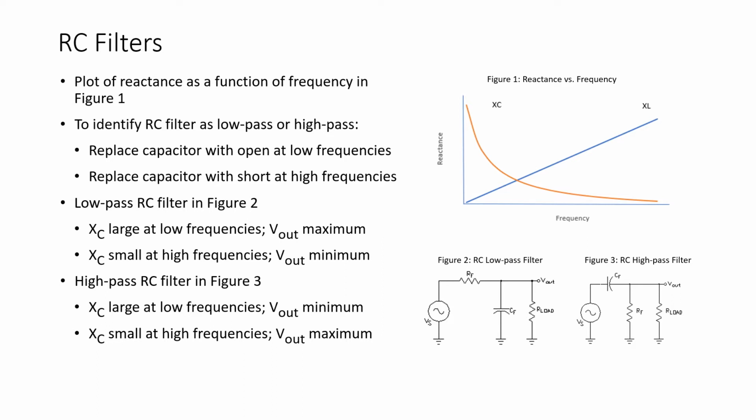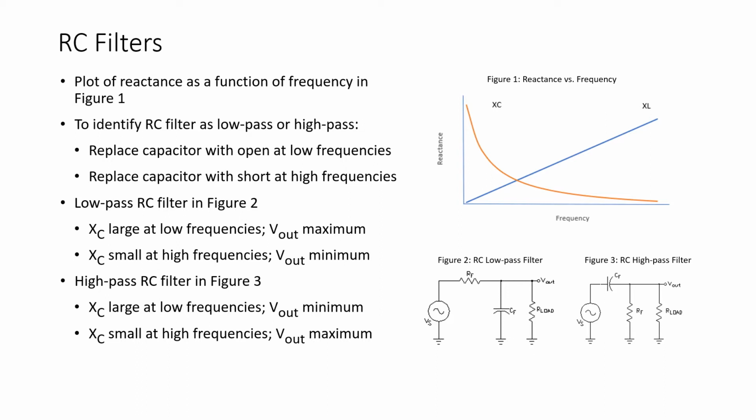So looking at the circuit of Figure 2, at low frequencies, I can replace this capacitor with an open, and the only path for current is through the filter resistor and the load resistor. And at low frequencies, the output voltage, the voltage across the load resistor, will be at its maximum.